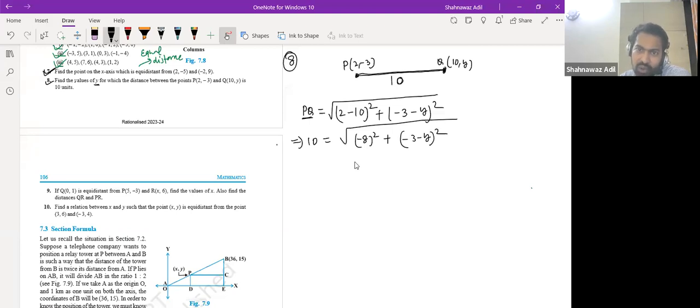Right, so what should we do? This is root and this is 10. To simplify this further, to remove this root, what should we do?